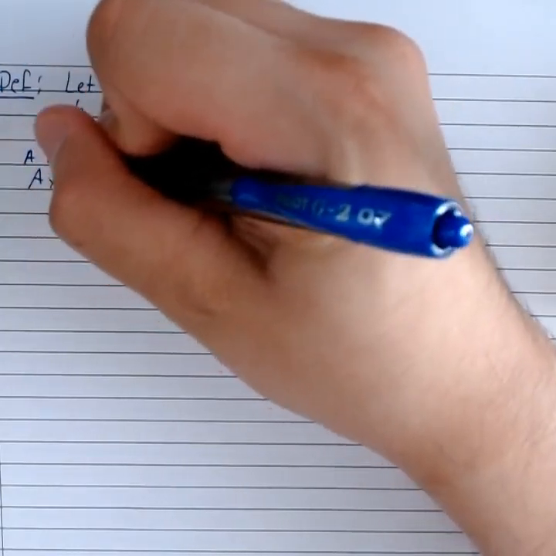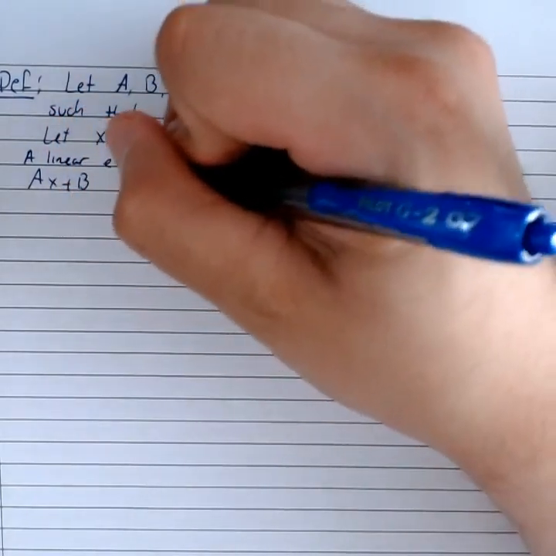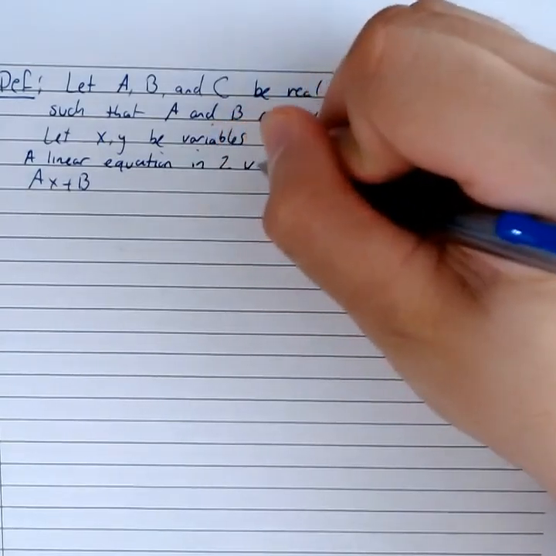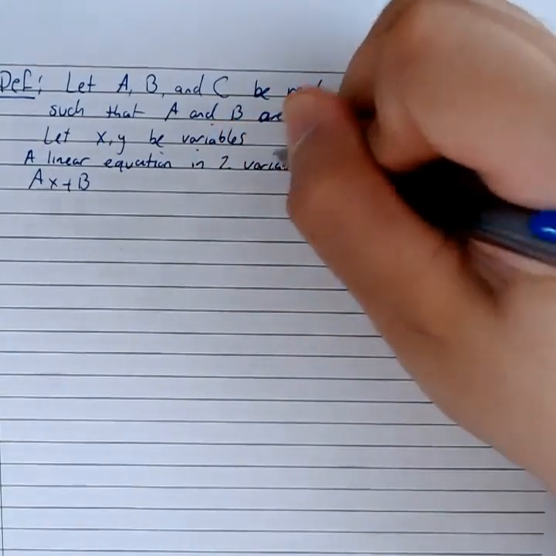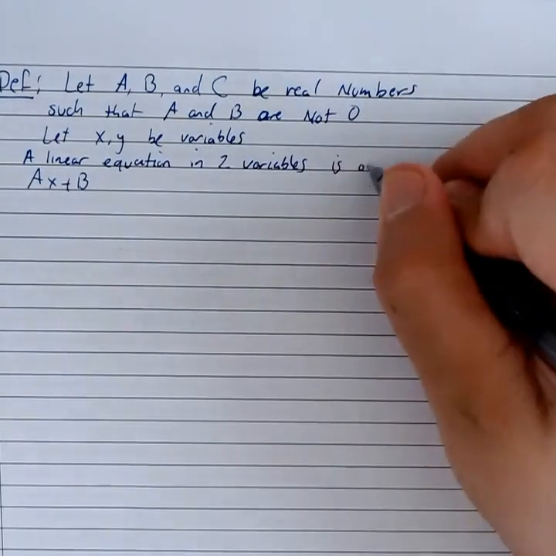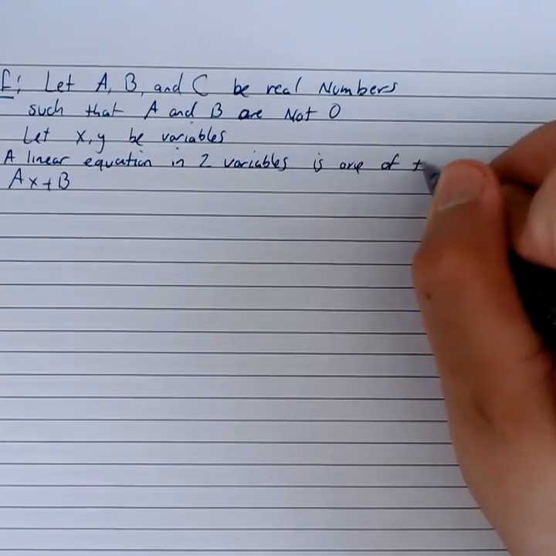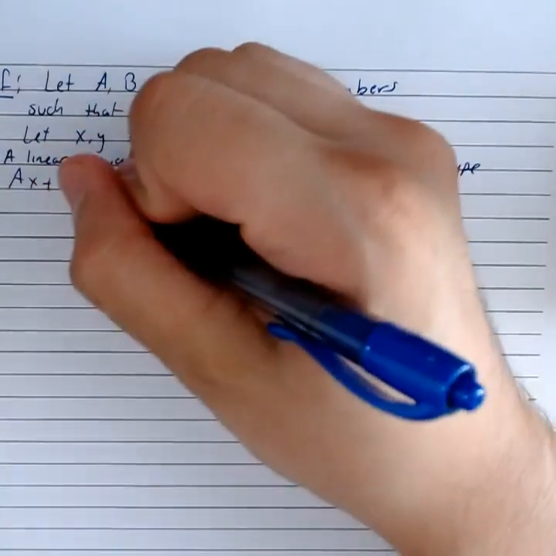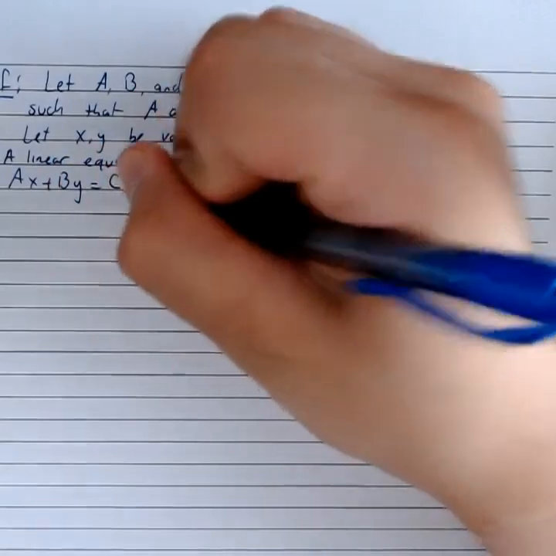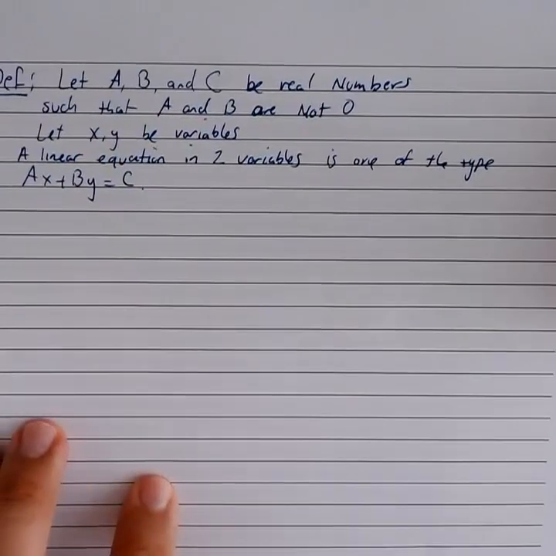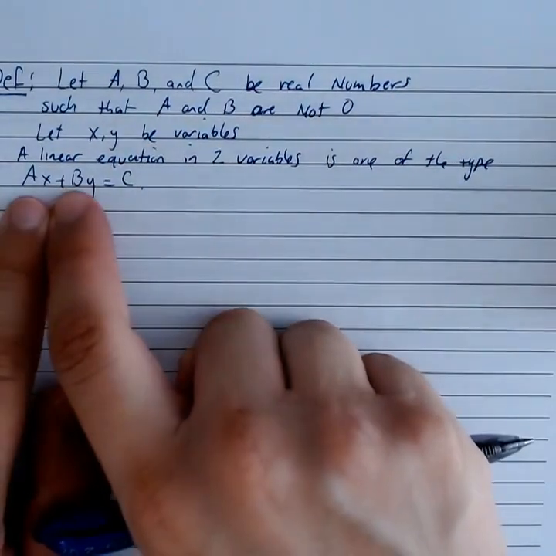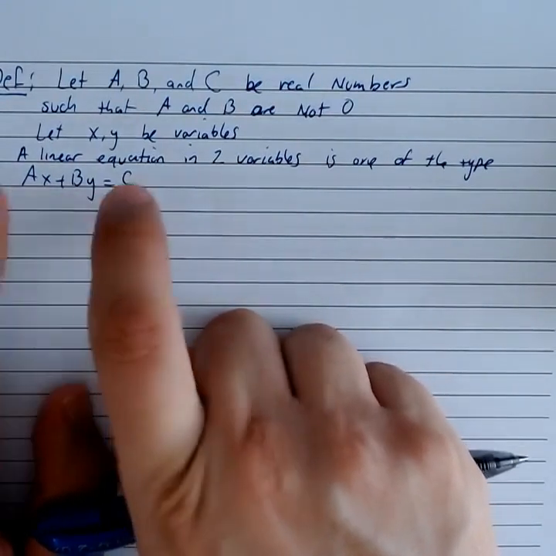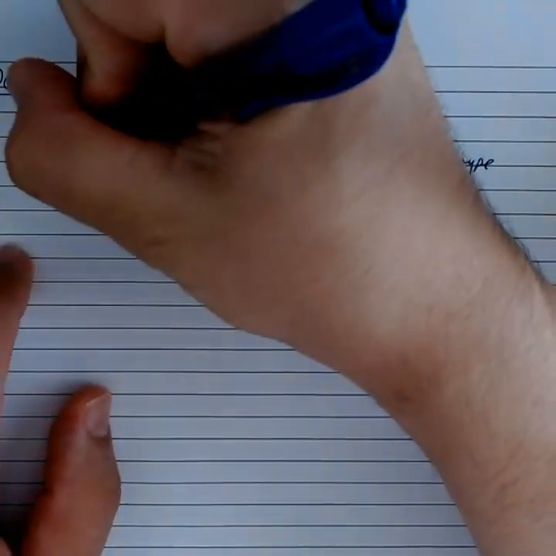Then the equation... well, I guess I should write it this way. A linear equation in two variables is one of the type AX plus BY equals C. So if you have an equation that is written as number X plus number Y equals number, so long as these numbers are not zero, that is a linear equation in two variables.